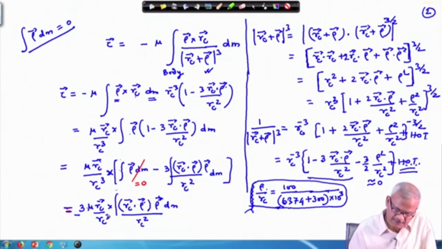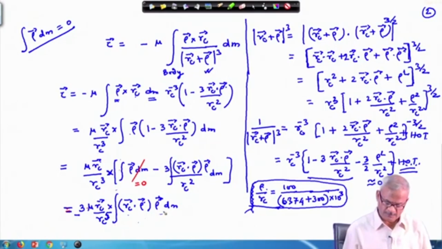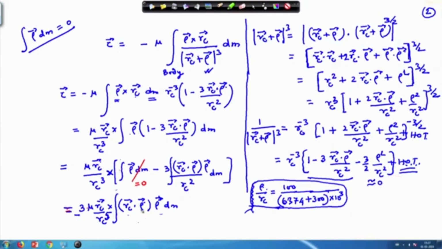This R c square is there. So, we can take it here in this place, make it 5, and this R c square we can remove from this place. And finally, we need to process this. Okay.